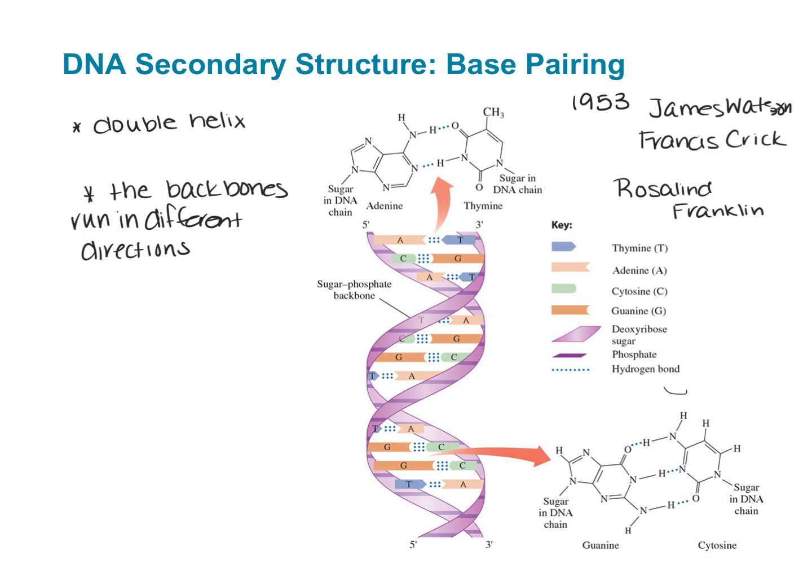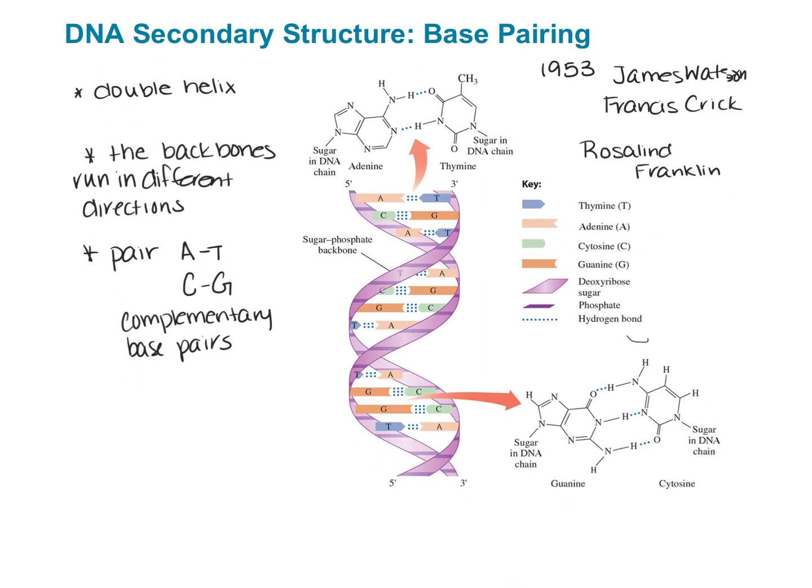Now, notice that the pairs A and T are always combined, and then C and G are also always combined, and these are called complementary base pairs, right?